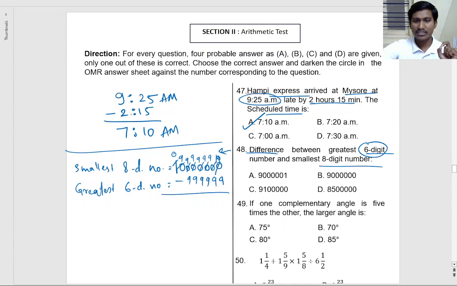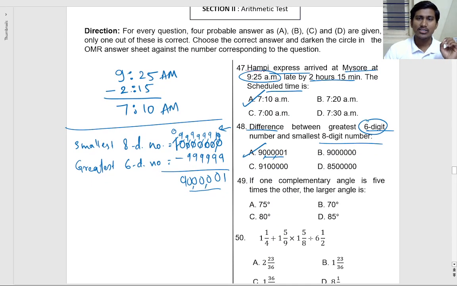So 10 minus 9 is 1. Here 9 minus 9 is 0, 9 minus 9 is 0, 9 minus 9 is 0, 9 minus 9 is 0, 9 minus 9 is 0. So 9. This will be the answer, that is 90 lakh 1. How many zeros are in between? 5 zeros. If you see which option it is, that is option A. 5 zeros are in between, that is 90 lakh and 1 is the answer here.